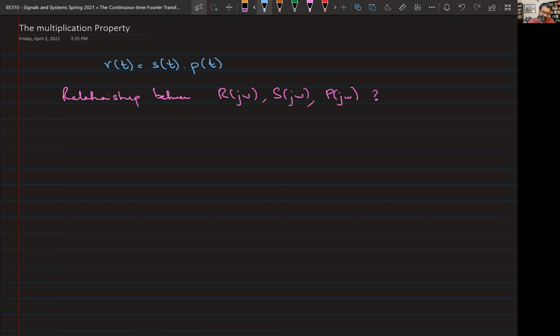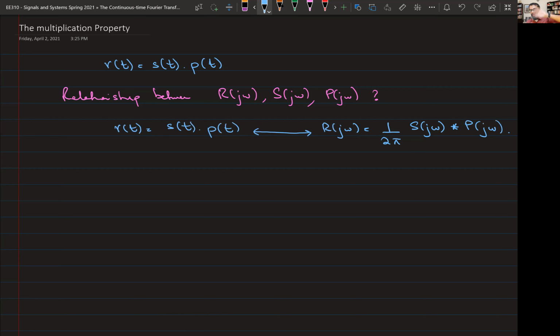If I have a signal R of t, which is equal to S of t times P of t, the Fourier transform R of j omega is actually equal to 1 upon 2 pi times S of j omega convolved with P of j omega. So there is a 1 upon 2 pi here.